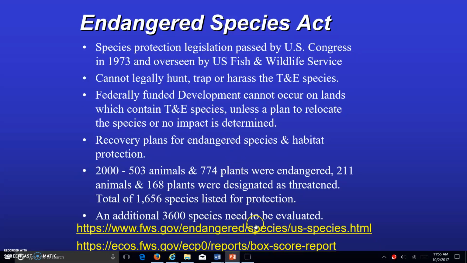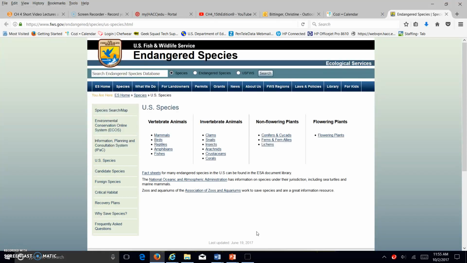There's a link here that takes us to a list of endangered species within the United States, and this website itself allows you to click on each one of these categories to find out which species are listed as endangered or threatened.